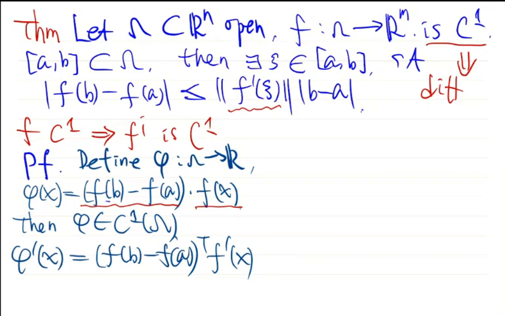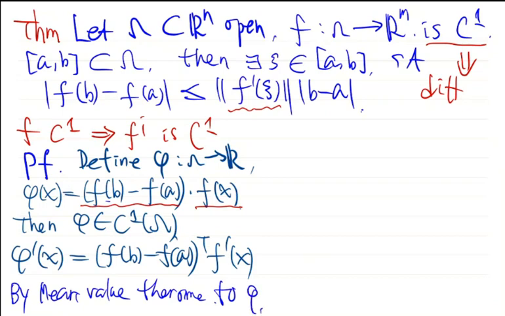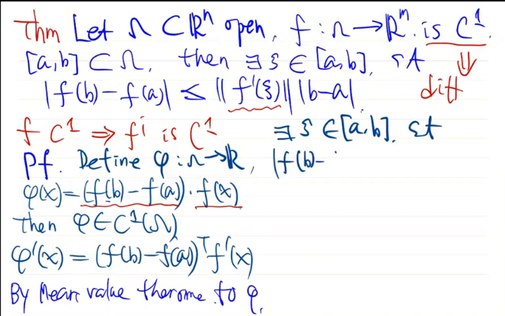Now, because phi is a real valued function, we can apply the mean value theorem, the Lagrange theorem, to phi. We obtain a Xi in the segment AB such that the square of the norm of fb minus fa is precisely phi b minus phi a.